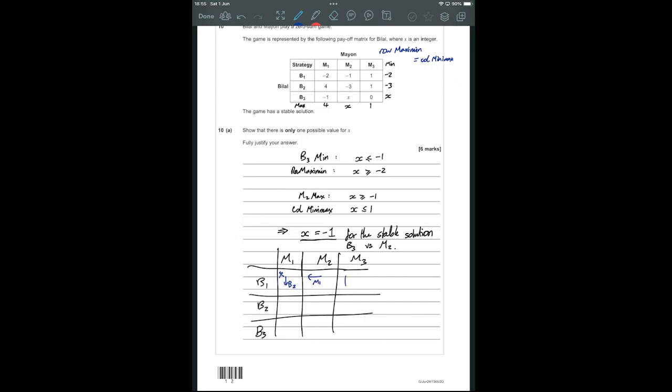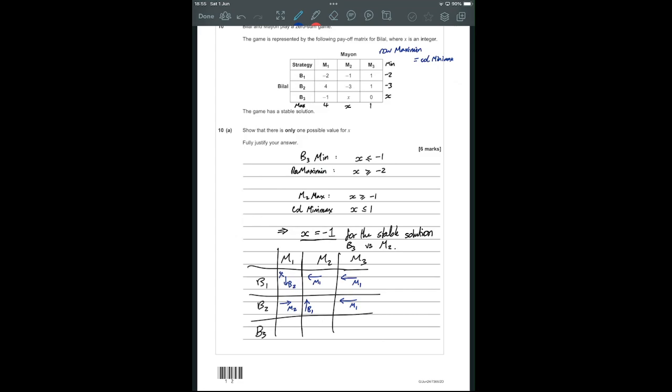M3 would prefer, yeah, again, we'll prefer to swap to M1. So in all those situations, we'll prefer to swap. If we're picking B2 M1, then we'll prefer to swap to M2. If we're M2, we'll prefer to swap to B1. -1 is less worse for Bilal. Then finally, M3 would prefer to swap to M1.